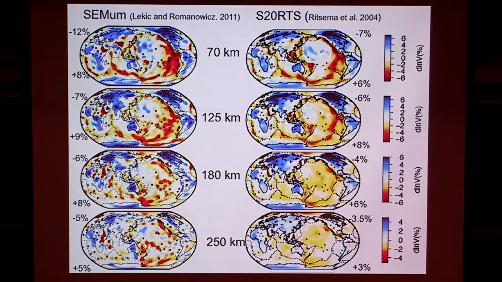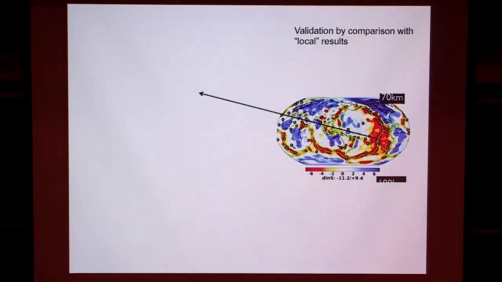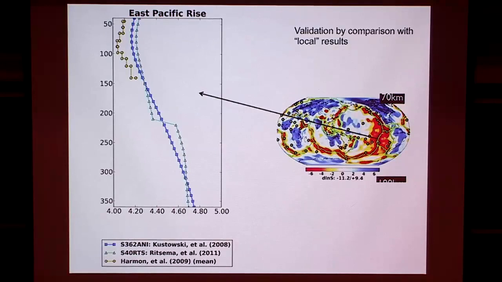The main difference is really here in the amplitudes of the lateral heterogeneity at the top level, where now, because we have more sensitivity to low velocities, and because we can relax the damping in the inversion, since our equations are more consistent, we can have better access to the amplitudes of lateral variations.